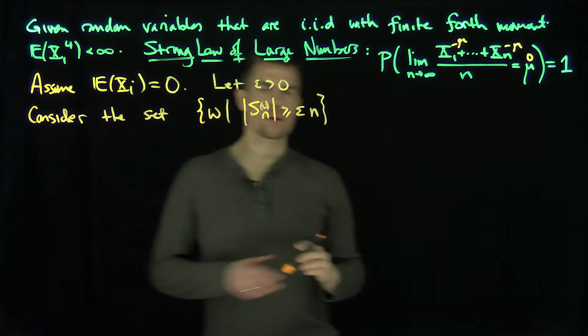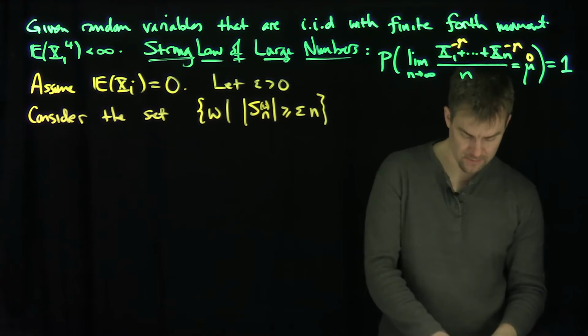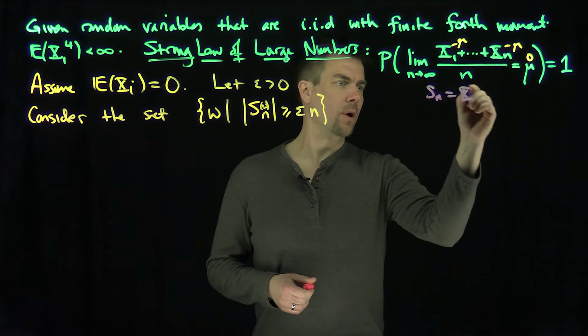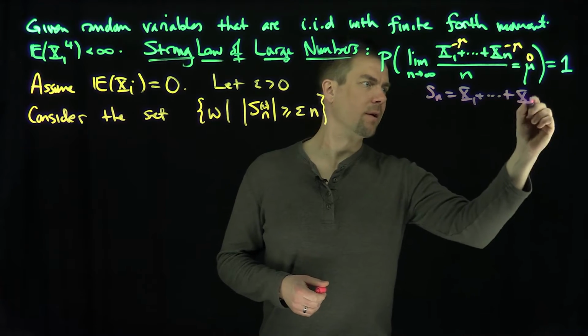Sn of omega. Of course, what's Sn? Sn is just the sum of the Xi. So Sn is X1 plus through Xn, the random walk.